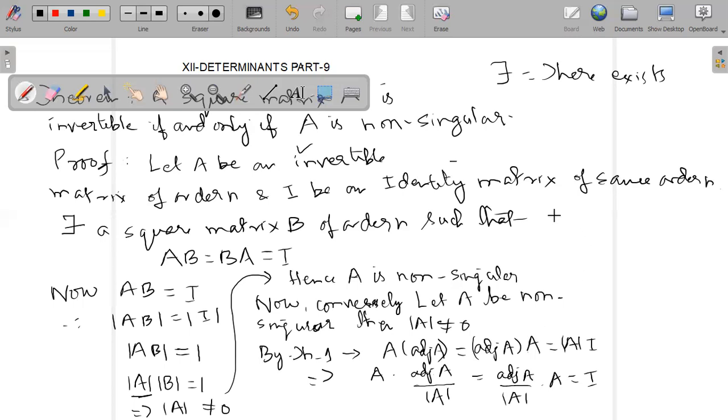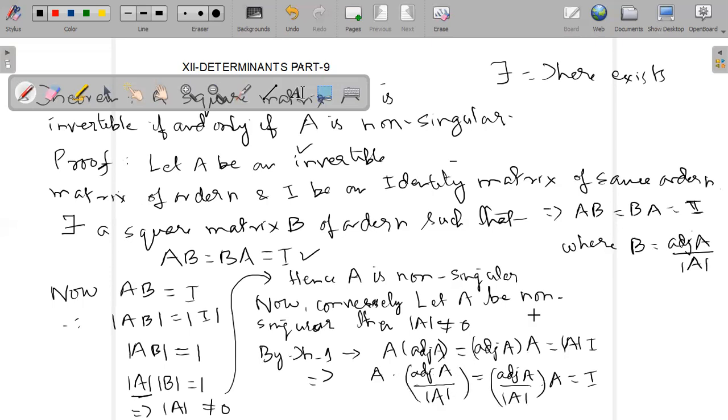And this implies that AB or BA is equal to I, that is already there. So when you equate this with this one, we get B equal to adjoint A upon determinant A. In both the cases, adjoint A upon determinant A is the value of B, and B is the inverse.